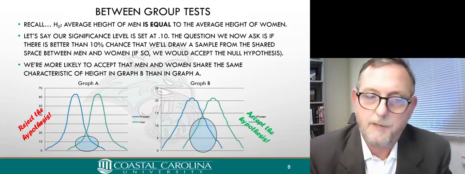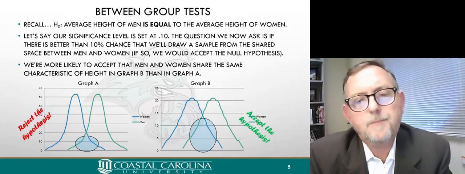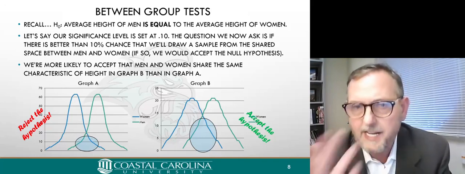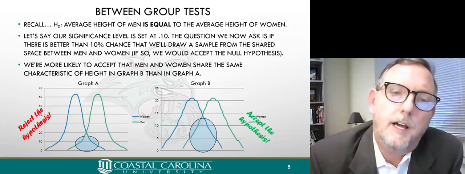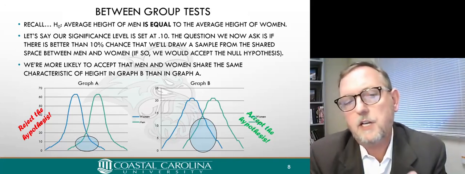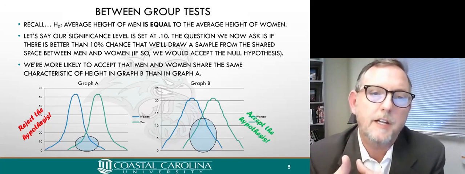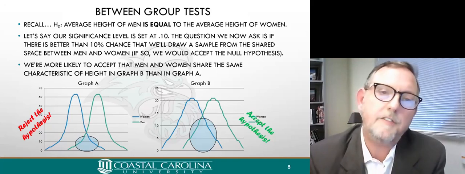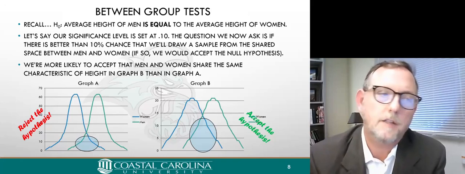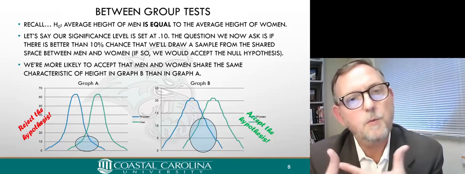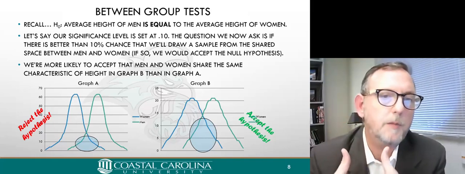Okay, so this is kind of the idea of an ANOVA. We want to test and we want to identify how different these distributions are from each other, and if they're different enough, then we'll show that in our test, like graph A. But if they're not different enough, then we won't be able to distinguish one group from the other on whatever this criteria is.